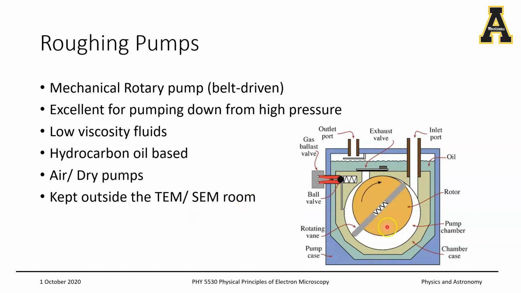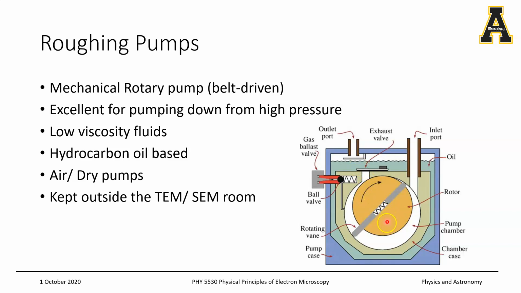Okay, let's take a look at the schematic over here. So this is the core of the pump, where the white region is your pump chamber. You have the inlet port, which would be connected to the chamber you want to pump, and the outlet port is the exhaust, which is going out, preferably into the HVAC system of your building, so that you don't breathe the air.